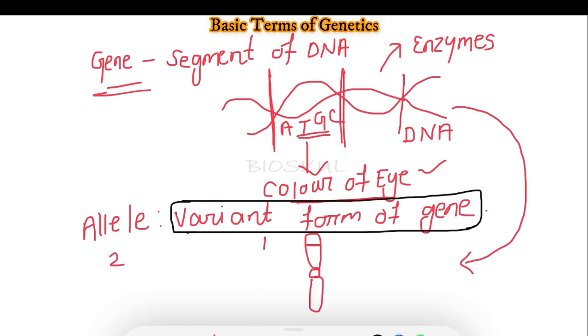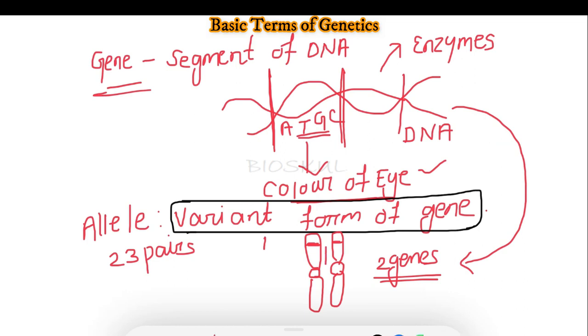We have 23 pairs of chromosomes and we are diploids. We have one maternal chromosome and another one, the paternal chromosome, right? And the gene that codes for the color of eye is located on the same position of both homologous chromosomes. So now we have two genes for a particular character, that is eye color.